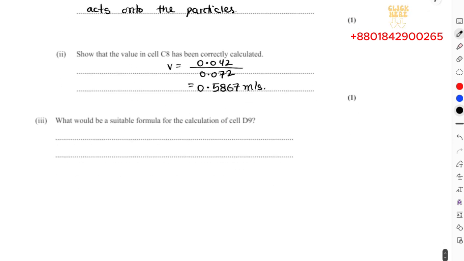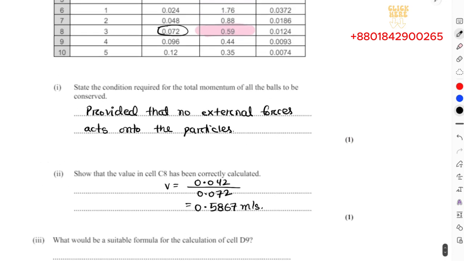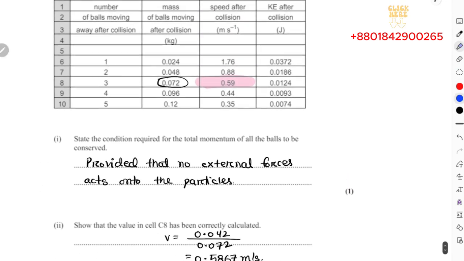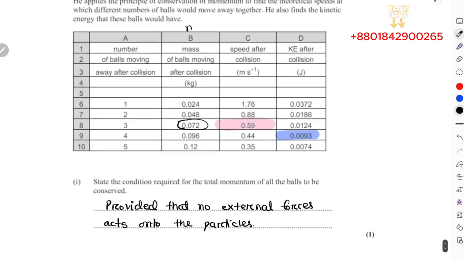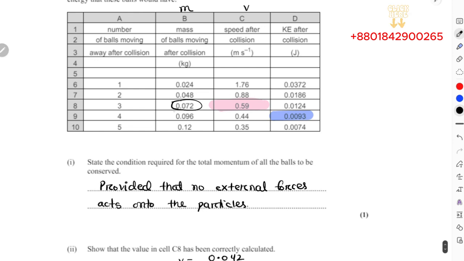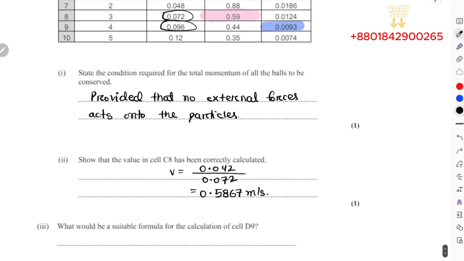And then again, what would be a suitable formula for the calculation of D9? Now D9 was this one, and this is for kinetic energy, right? Kinetic energy is half into mass into velocity square. So this was your mass and this was your velocity. And for D9, we would have to use B9 and C9 twice, because C9 is for velocity, and for kinetic energy, we use velocity square.